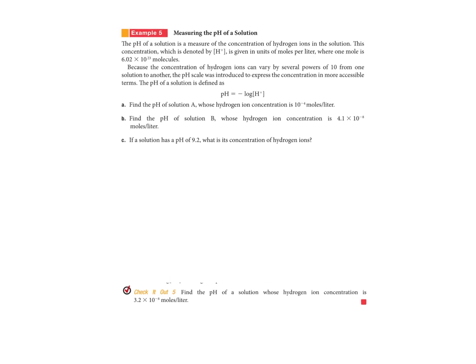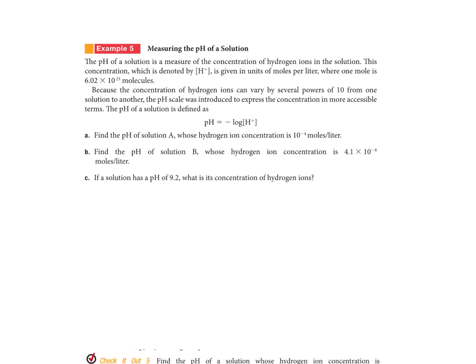All right. Measuring the pH of a solution. The pH of a solution is a measure of the concentration of hydrogen ions in the solution. This concentration, which is denoted H+, is given the units of moles per liter, where 1 mole is 6.02 times 10 to the 23rd molecules.